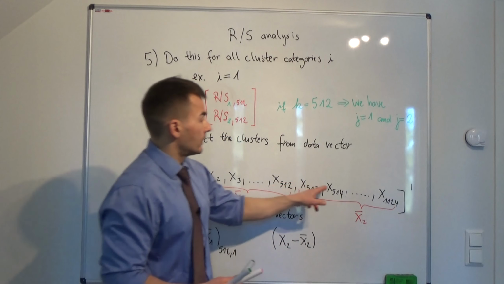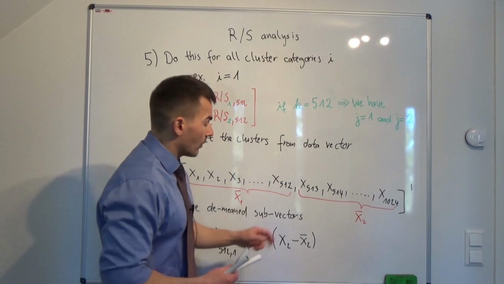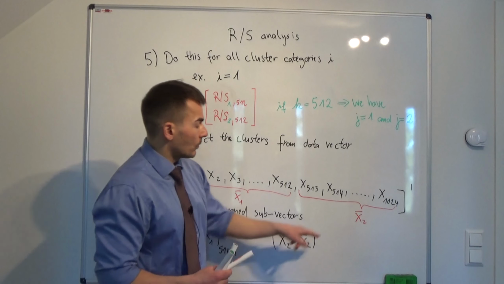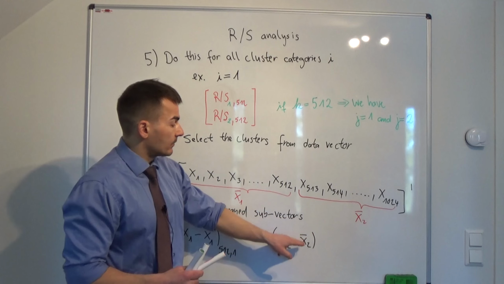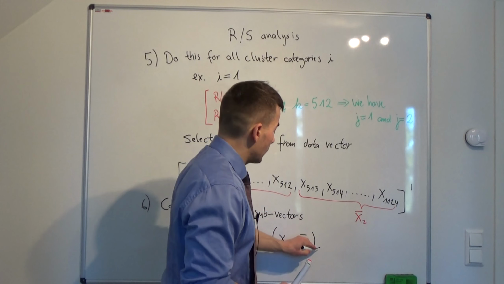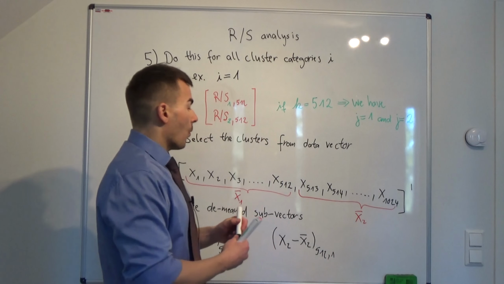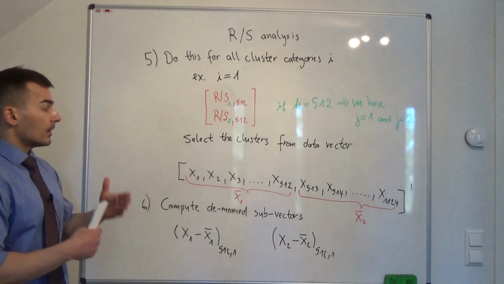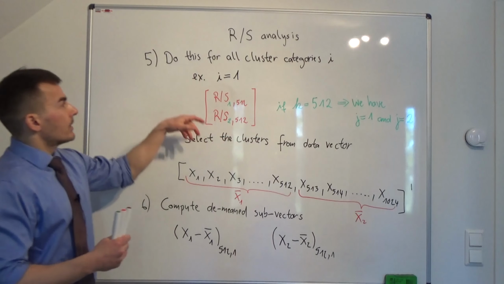Let's denote this subvector as x2. So what we have to do is compute x2 minus x bar 2. And again, the dimension of the vector is the same as the first subvector, 512 by 1.